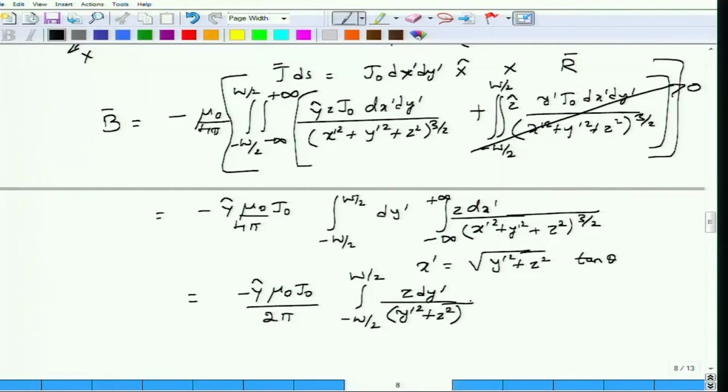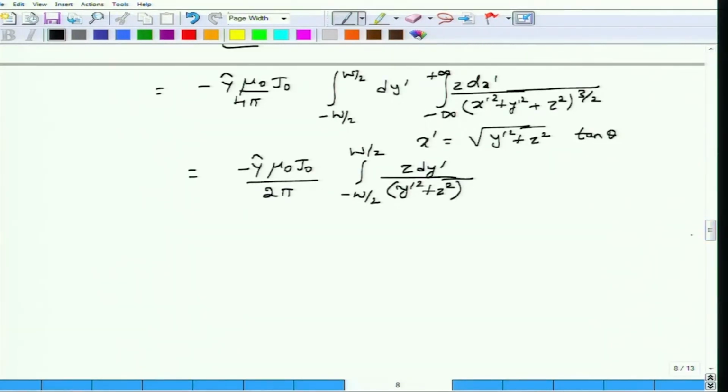Thankfully that integration with respect to x has vanished the x component here, and you just have this second integral. Here again you can put y prime is equal to z tan theta, and change the limits of integration. Now the integral limits will be finite because you are integrating from minus w by 2 to plus w by 2.